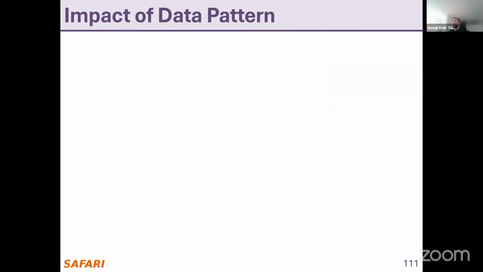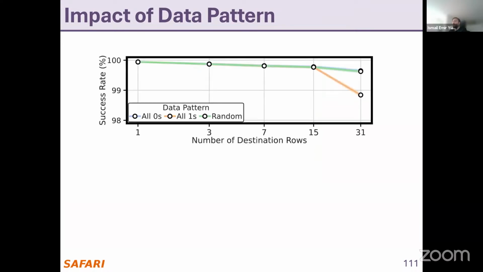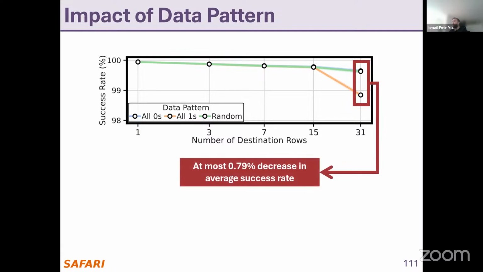And we also investigate the data pattern effect. This line plot shows the average success rate for each data pattern at each x-axis value, which is the number of destination rows. We observe that there's at most a 0.79% decrease in the average success rate.